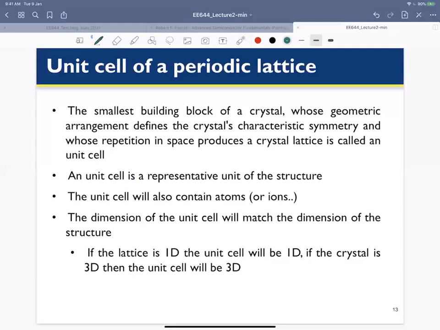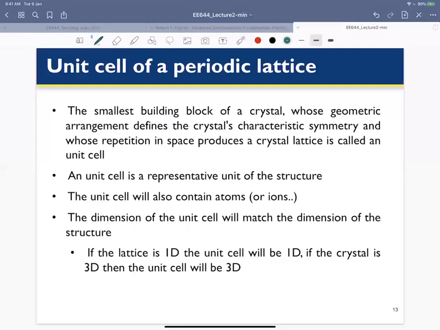Once you give the unit cell, the tool itself could make the crystal, do the simulations, and give you the basic material properties of that semiconductor.